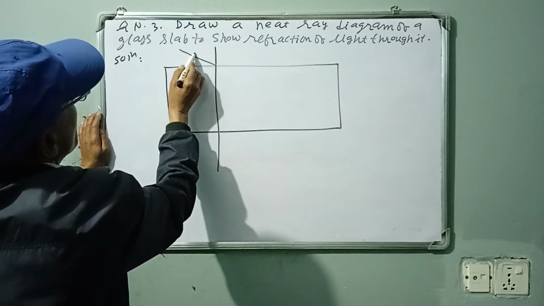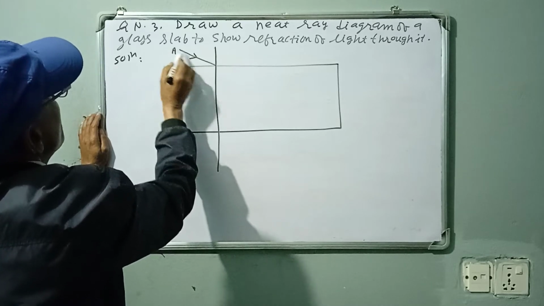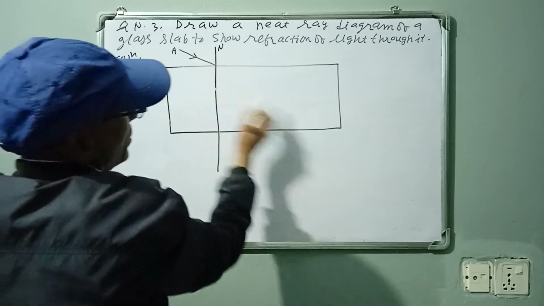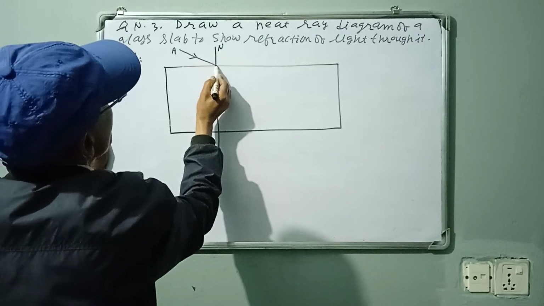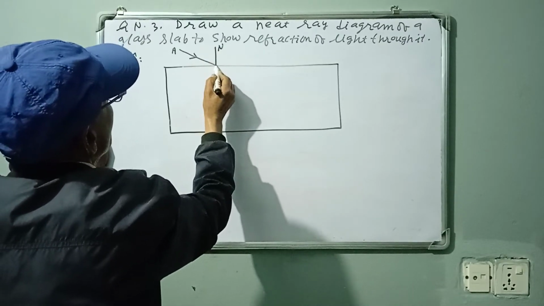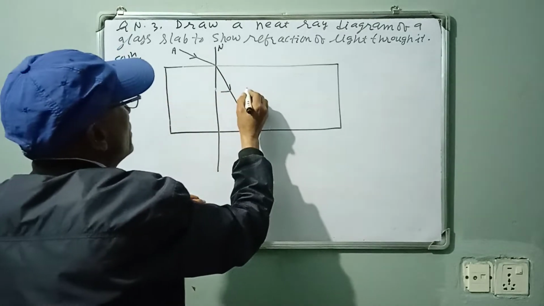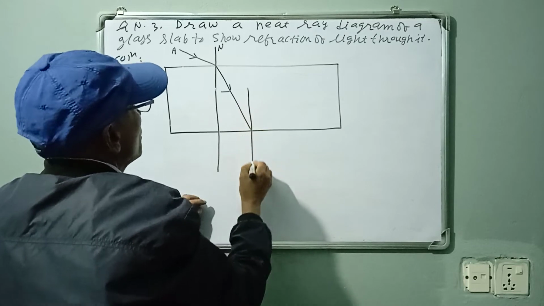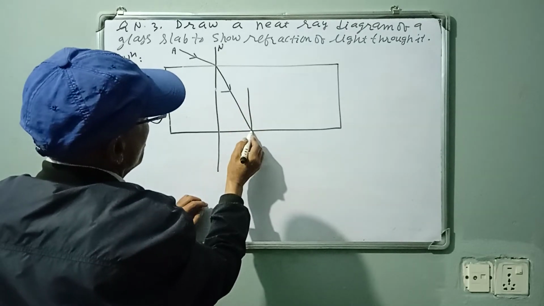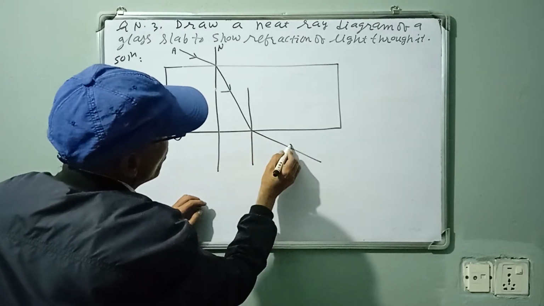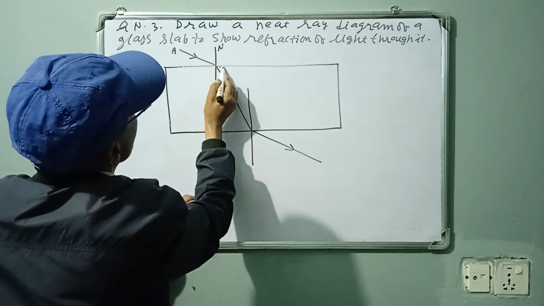Draw an incident ray, name AO. And here, this line actually goes straight. Again, what happens? Instead of going straight, it is bent away from the normal.